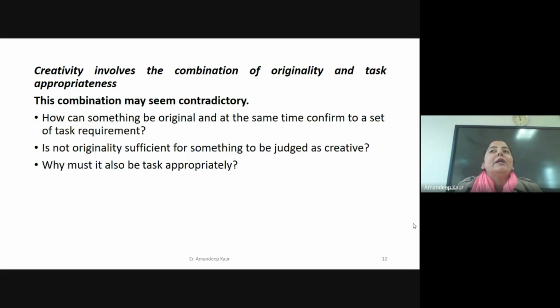But this is not an easy task. This combination may seem very contradictory. So there are three major questions that we need to answer when we are defining creativity for our student population. The very first one is, how can something be original and at the same time conform to a set of task requirements? So may I ask one question to all of you?